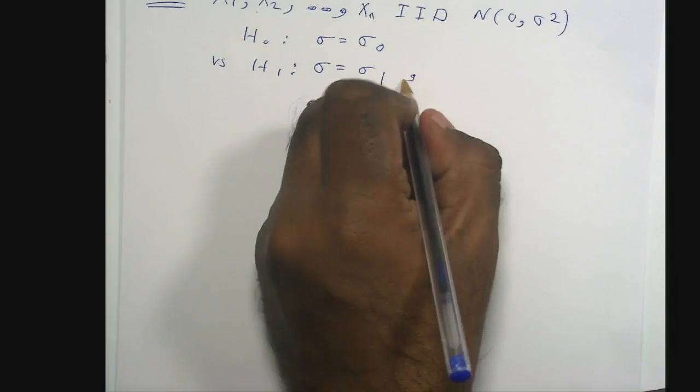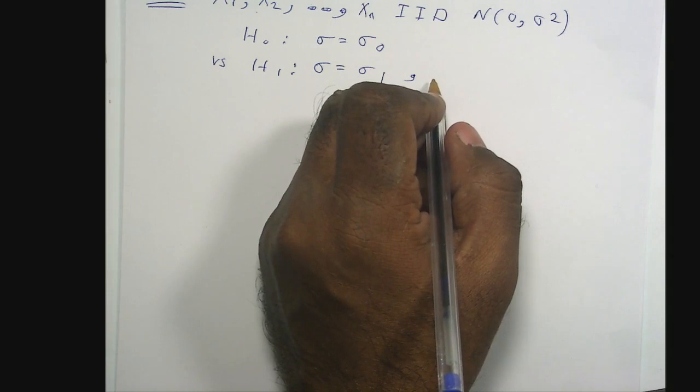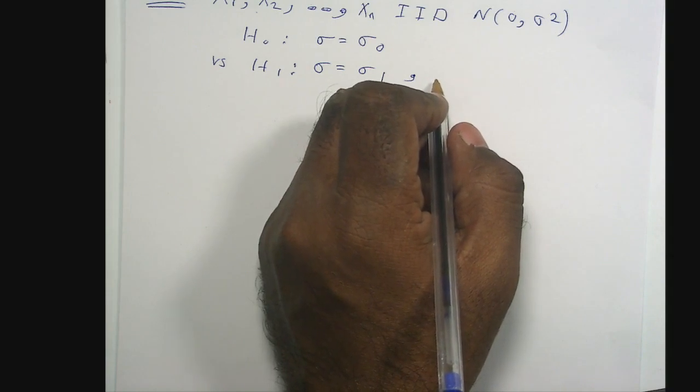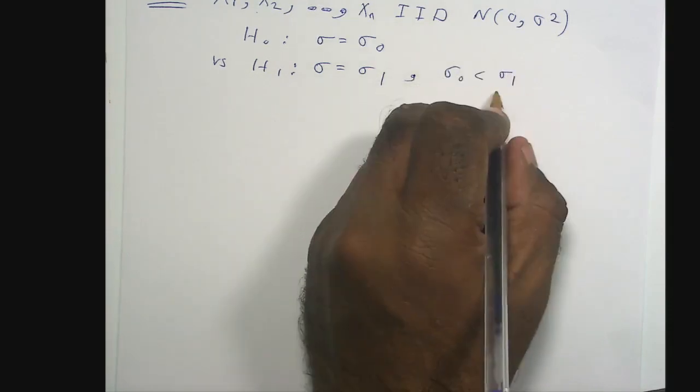Does it say sigma 0 less than sigma 1, or the other way around? Can you read the question, guys? Is that right? Okay, good.